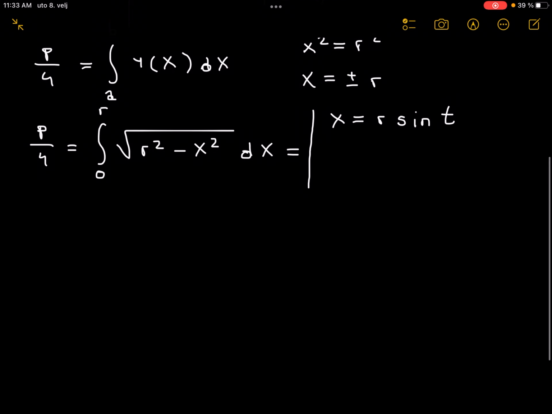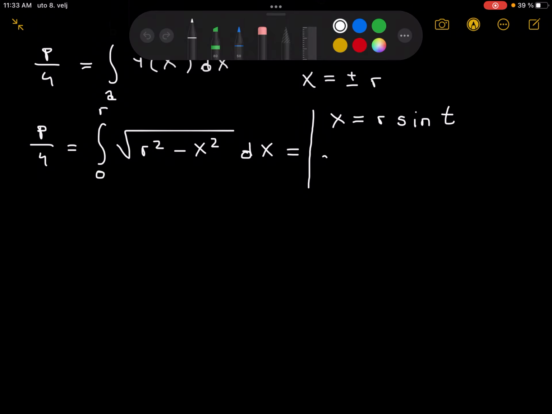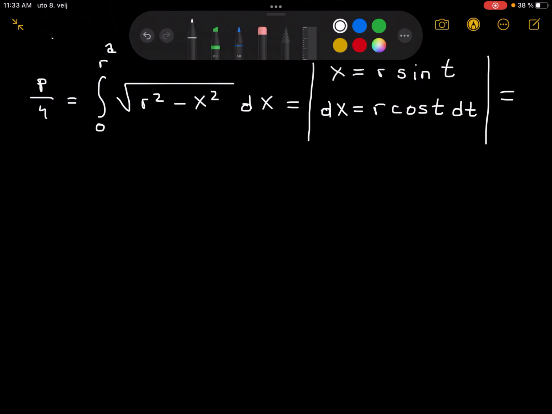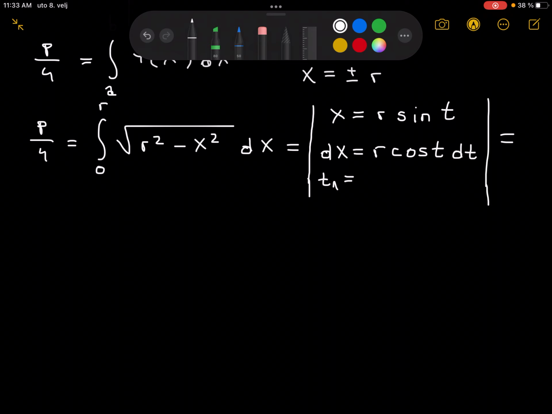Okay, and t1 is going to be equal to the arc sine of x1 over r, which is 0 over r, and arc sine of 0 is 0, so t1 will remain 0. And t2 is going to be the arc sine of r over r, so arc sine of 1, which is pi over 2.